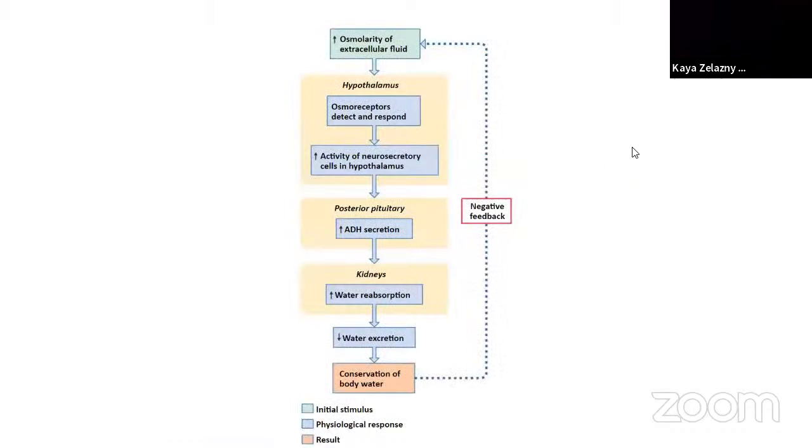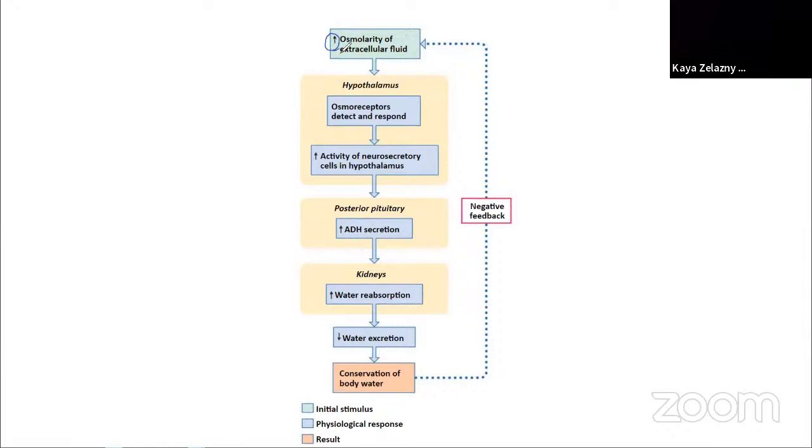Here's a little flow chart of what that might look like. So the first thing we're going to notice up at the top is the osmolarity of that extracellular fluid has increased, right? So we have a lot of solutes in this fluid that's surrounding our osmoreceptors. And the reason we have high osmolarity there is because there's highly osmolar blood. Okay?